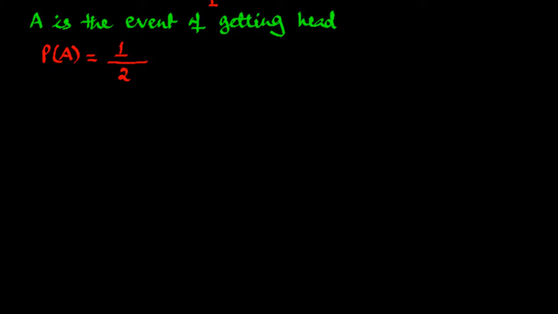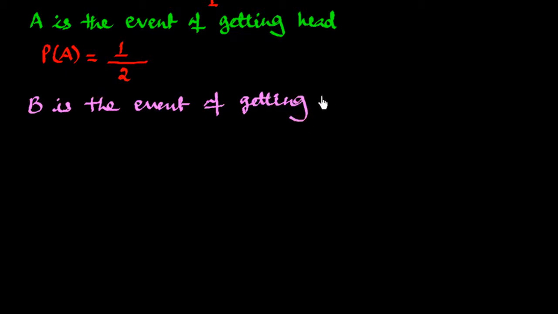Now we see the probability of getting tail. Let B be the event of getting tail.